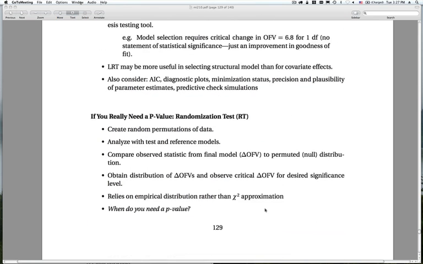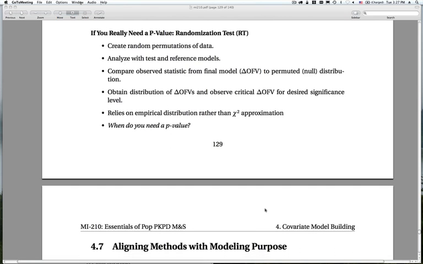If you really need a p-value about a covariate effect, and typically the only time we really need a p-value is if we're making some sort of a pivotal assessment, something that's a confirmatory analysis, and you probably would have powered the study to estimate this. You can use something called a randomization test, which will protect you from some of the problems in the likelihood approximation with NONMEM.